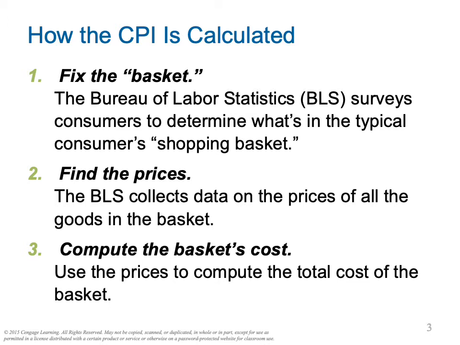So if you went to the grocery store, the idea here is that every time you go, you put the same stuff in your basket. And then when you check out, that's the price of the basket, right? When you go to pay and check out.